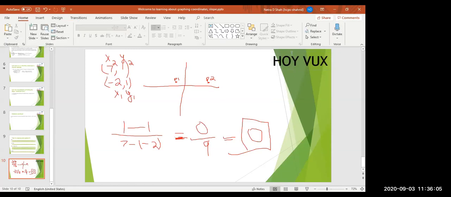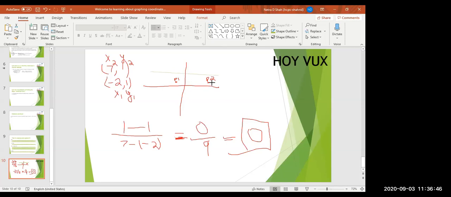If the line is horizontal, then the slope is 0, and the y is the y-intercept right here.